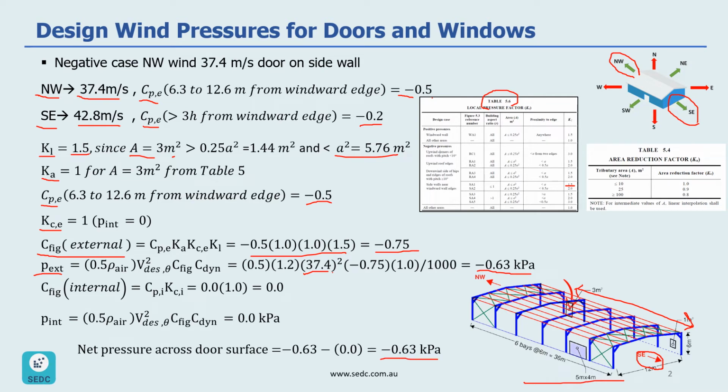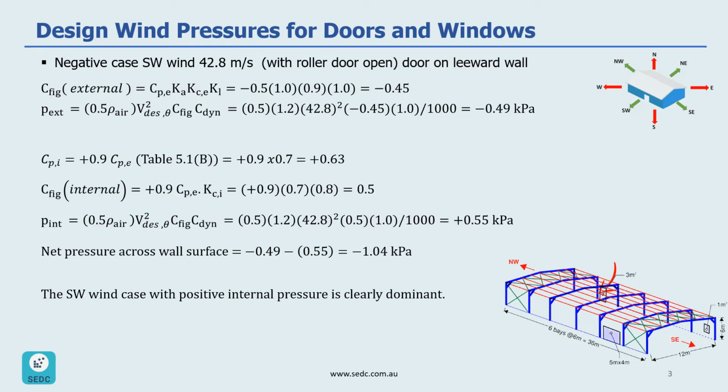And finally, we want to look at the third wind loading situation we might have, which is the wind in southwest direction. So in this situation, our door will be on leeward wall. So our CPE would be negative 0.5, which is for the leeward walls.